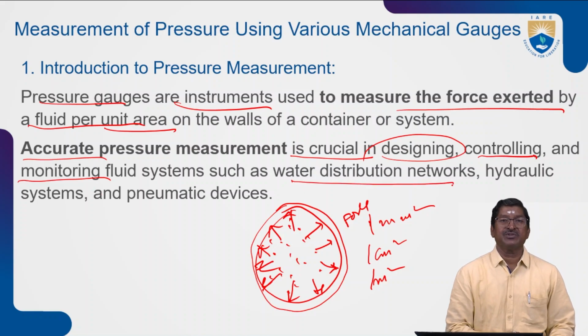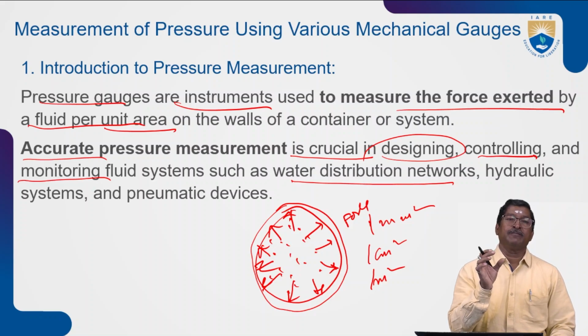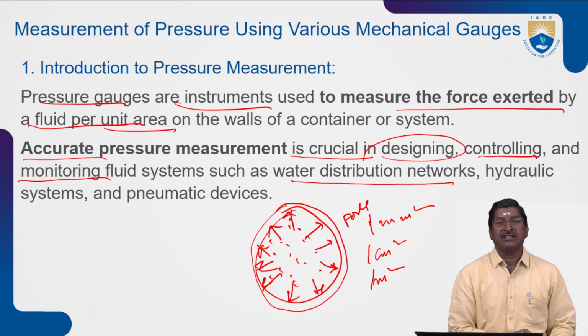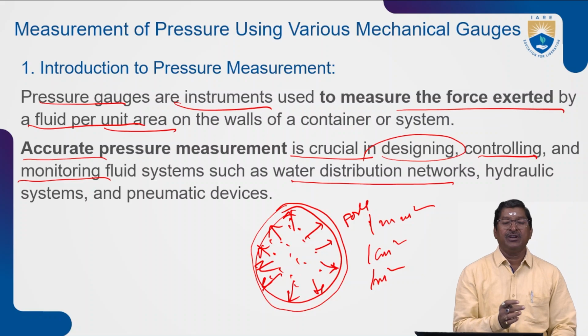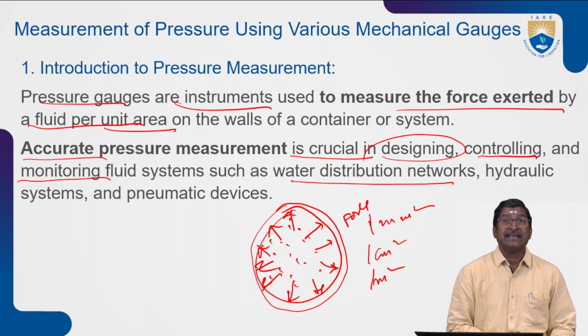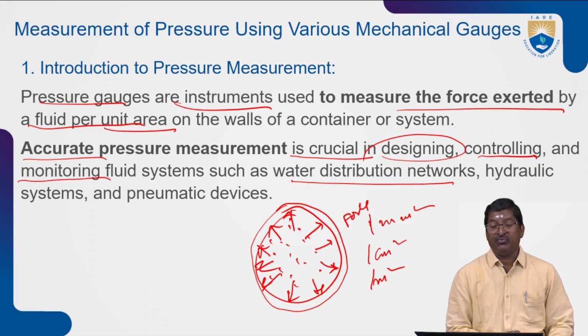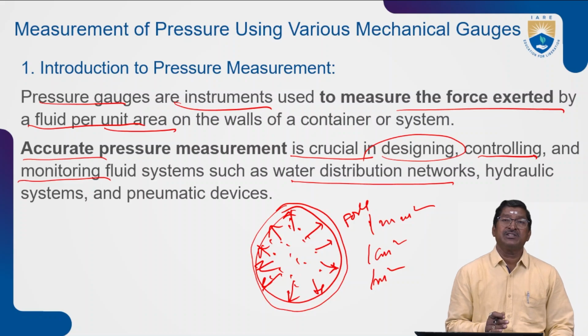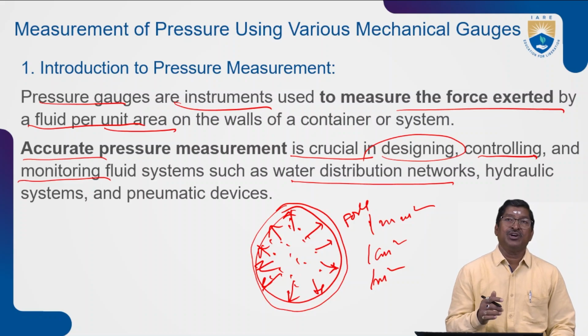So what do water distribution works mean? From the overhead tank, water will be supplied to the domestic houses by means of pipes. So we have to monitor the pipe materials, and reduce the pressure in case excessive pressure exists in the flow. Networks are nothing but the connections of pipes passing to different houses.